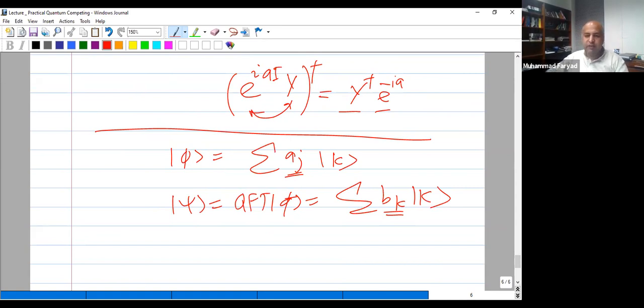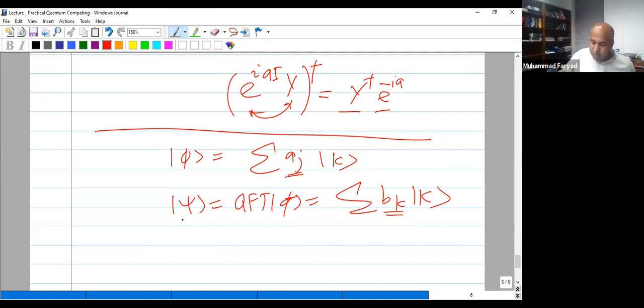So we know now that we can perform this Fourier transform from a_j to b_k exponentially faster than a classical computer. So can we use our quantum computer to perform the Fourier transform faster than classical computing? The answer is that if your goal is only to perform the Fourier transform, you might not have that advantage.